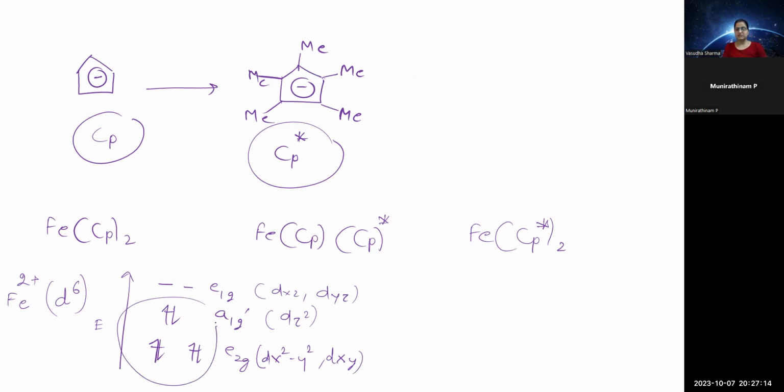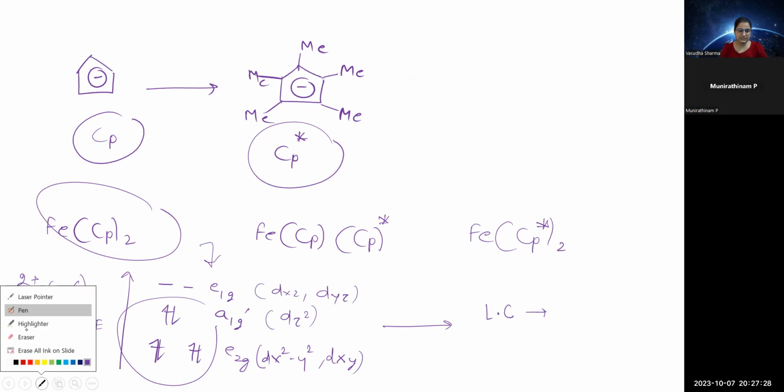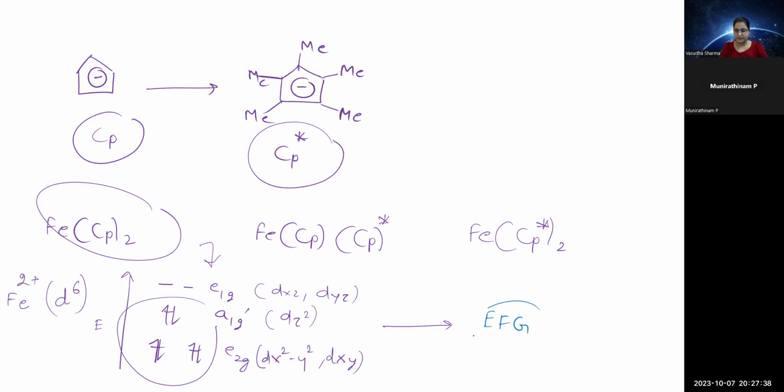So this is the filling for your iron Cp star. In iron Cp2, you need to remember how the filling is happening. And if I ask whether lattice contribution is there, or generally ask whether EFG exists in this case or not? Yeah, the EFG is not available, ma'am. Okay.